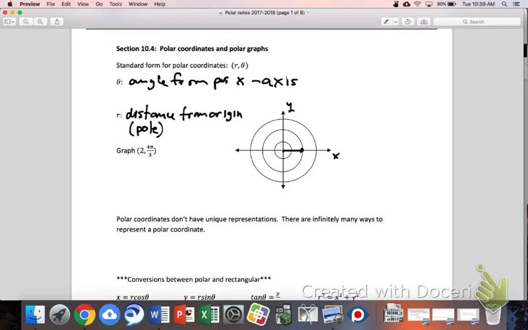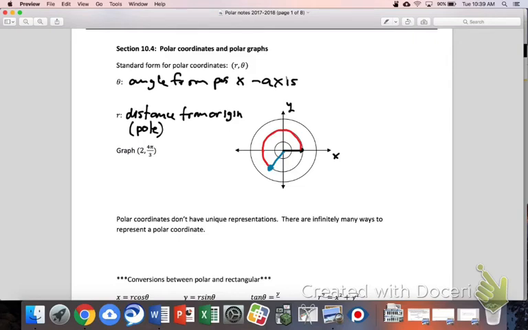So let's see, that's a little bit more than pi. If I were to turn this far, I'd only be at pi over 2, wouldn't I? If I keep going over here, I'd be at pi. And then a little further, something like that, would be at 4 pi over 3. And so this big blue dot that I'm putting here would be my location for 2 comma 4 pi over 3.